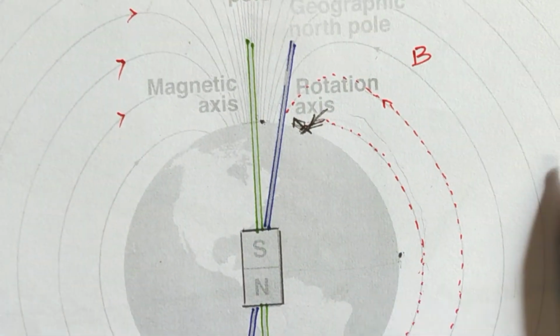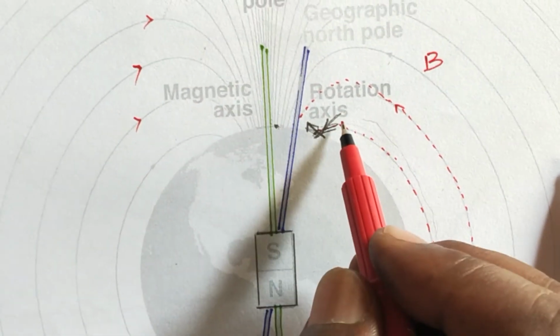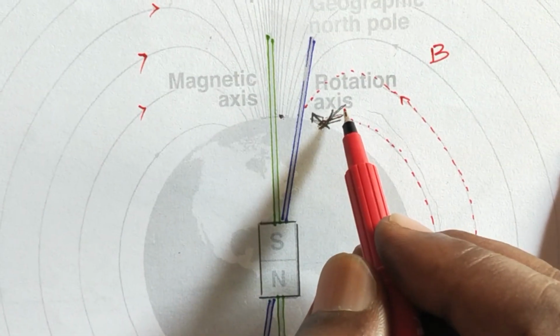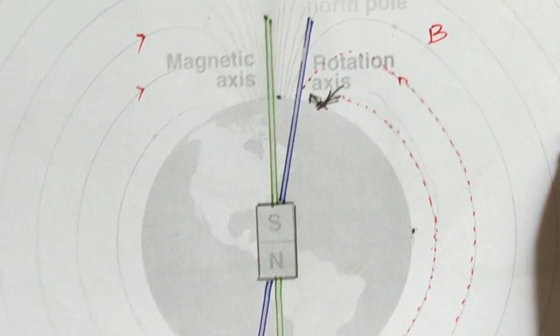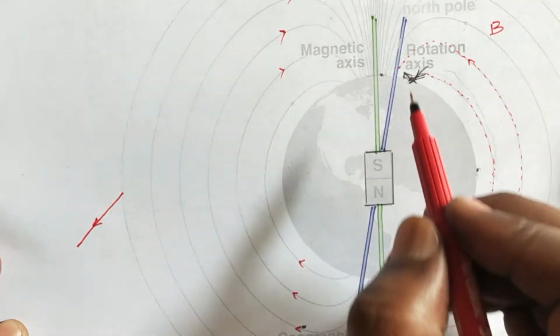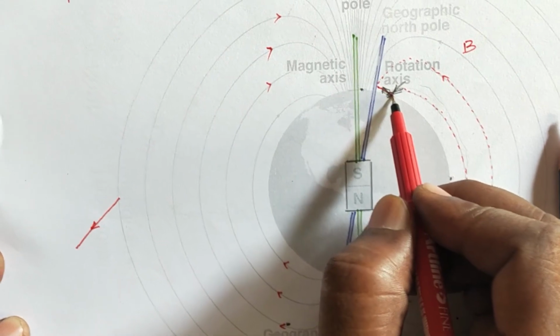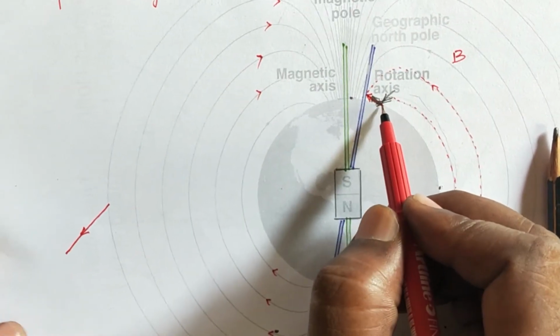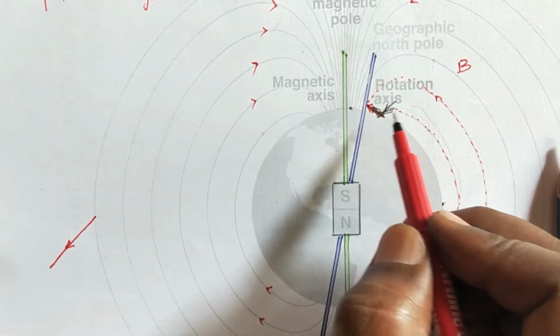For better understanding, I will draw this magnetic field line, the direction of the magnetic field line like this. This is the direction of the magnetic field line, and this is the horizontal. The horizontal is the tangent drawn on the surface. This is the Earth's horizontal component.